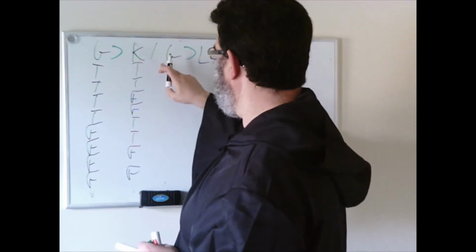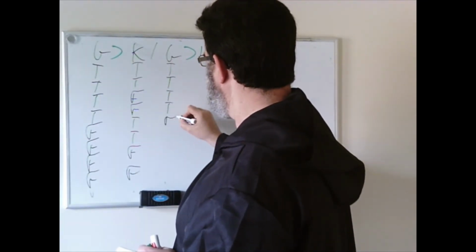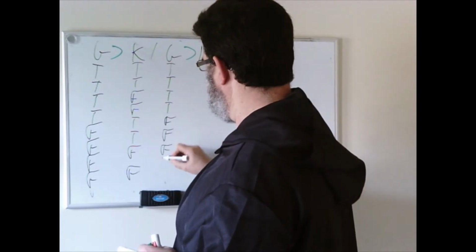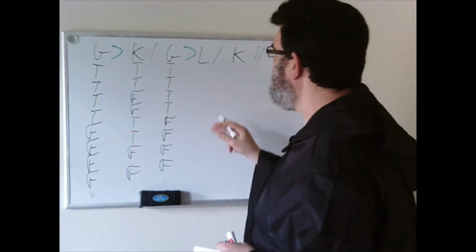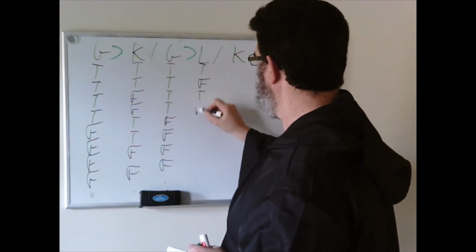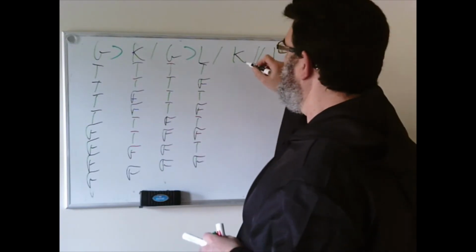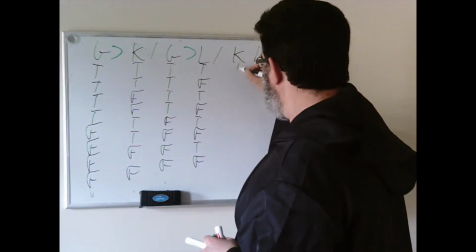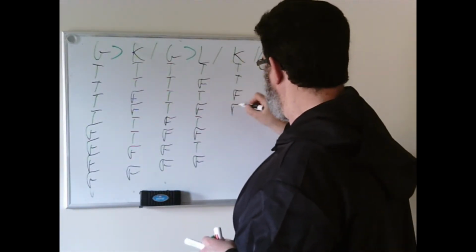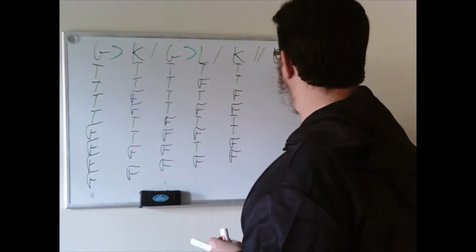I got G here and I got G here, so I'm going to use what I used for the first one. But now I have L, and so that gets the alternating. And then K is the same as this K. And this L is the same as this L.